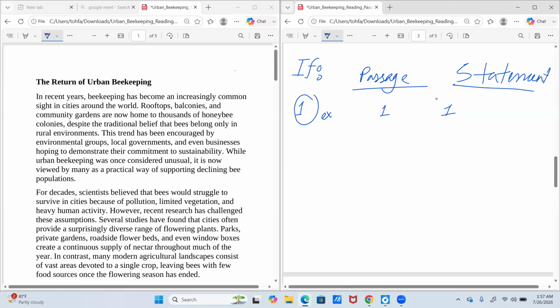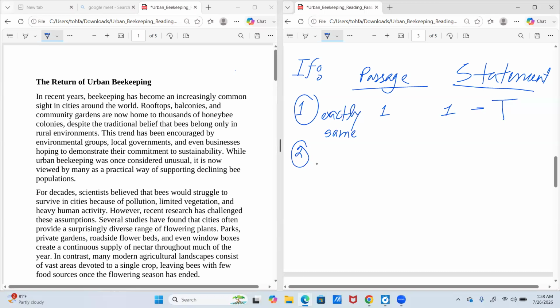Obviously, the exact words won't be there, but there are similar words, or a phrase which conveys the same meaning. If they convey the same meaning, though in different words, then our answer is going to be true.